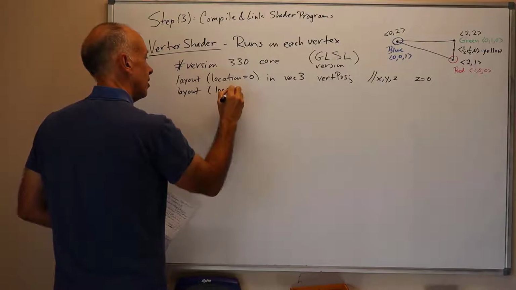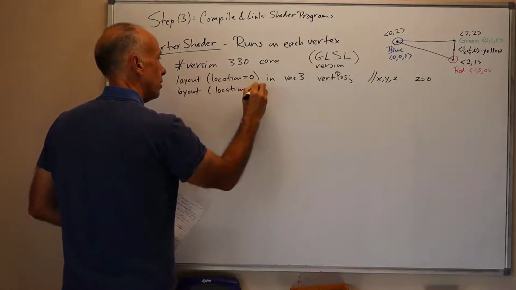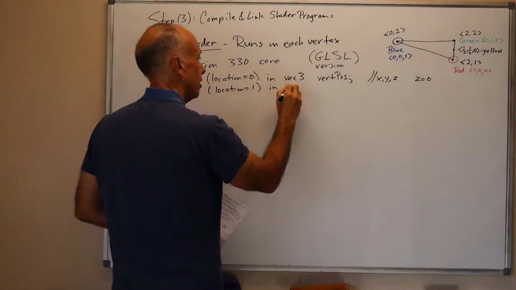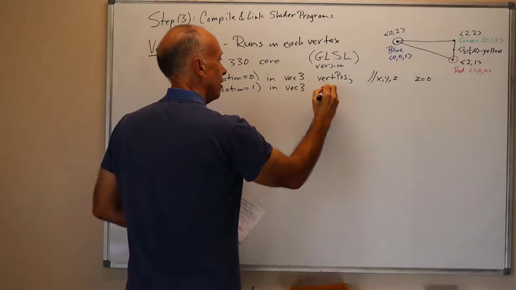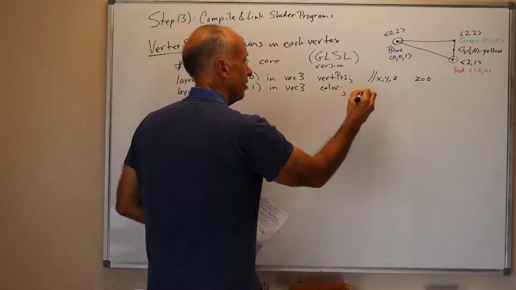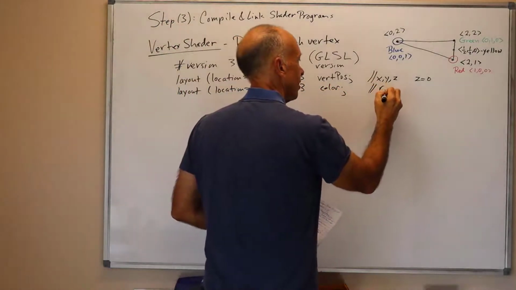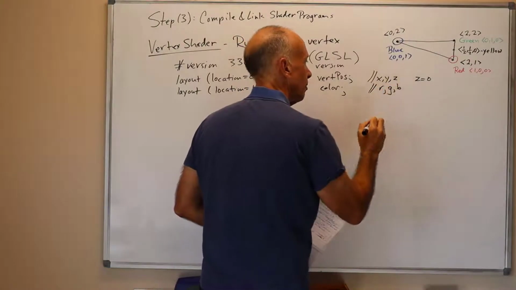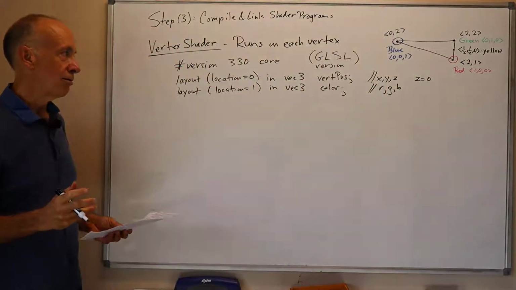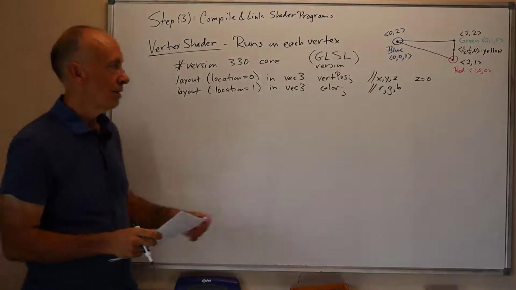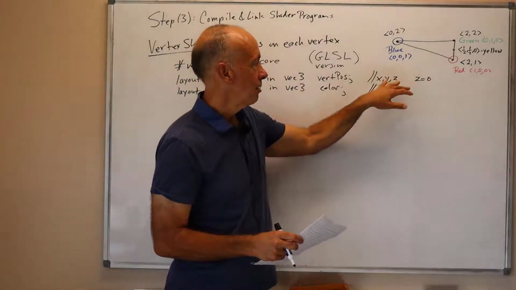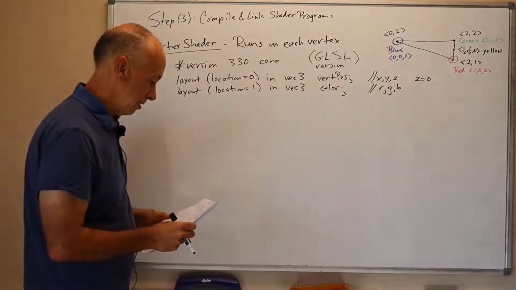Layout location equals 1 in vec3 color. And this is going to be a vector of 3 floating point numbers, RGB values, in the range 0 to 1. And these data items for each vertex have x, y, z values and RGB values.